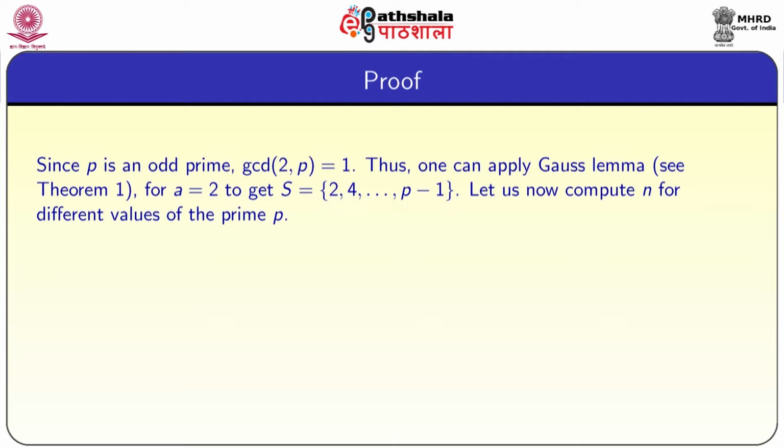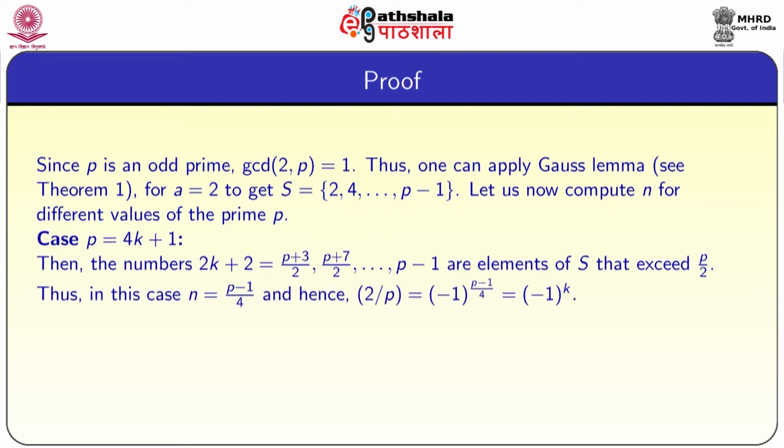Let us compute n for different values of the prime p. Case 1 is when p is of the form 4k plus 1. Then the numbers 2k plus 2, (p plus 3)/2, (p plus 7)/2 and so on, up to p minus 1 are the elements of S that exceed p by 2. In this case n is equal to (p minus 1)/4.